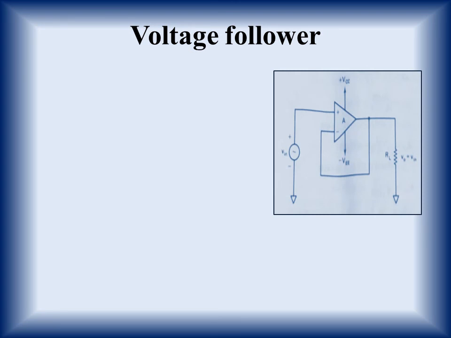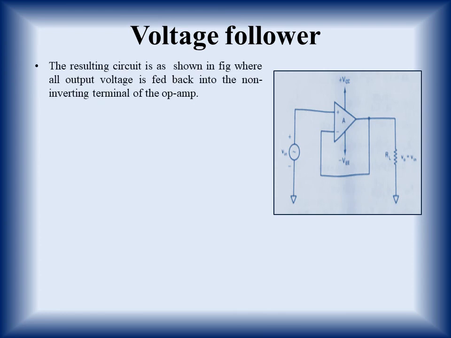Here if you can see that initially in a voltage series feedback amplifier, here it was placed RF, here R1 was placed, and the rest is the same part. Now what we have done? We have removed RF and R1. This means all the output is being fed back to the inverting end. So such a combination is called a voltage follower.